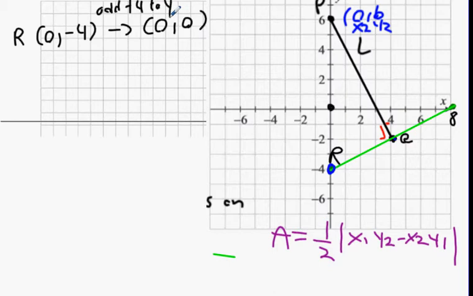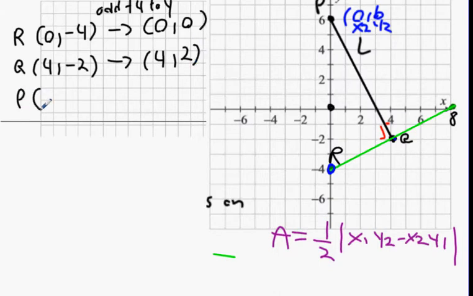Right. What about the next point? What about Q, which is 4, minus 2? What's 4, minus 2 become when you add 4 onto it? 4, 2. What does P become?